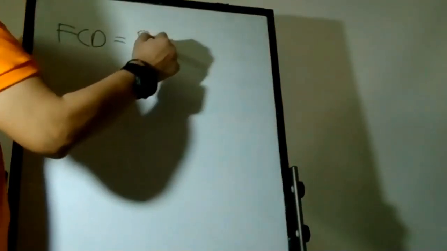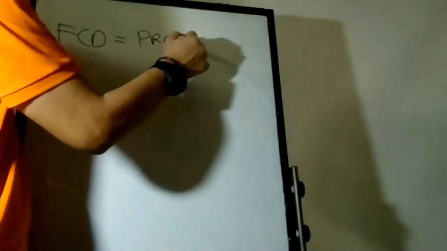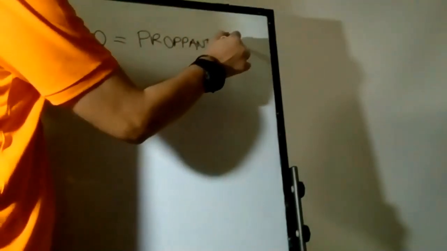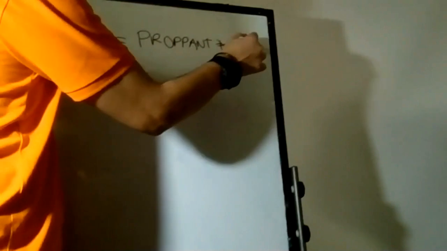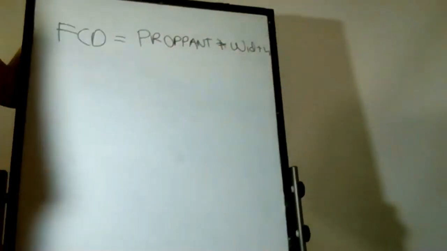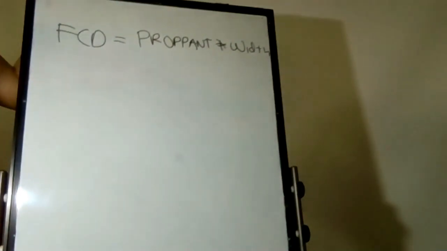FCD is equal to proppant permeability, which is the sand, multiplied by the width of the crack. Okay, can you see my drawing there, boss?